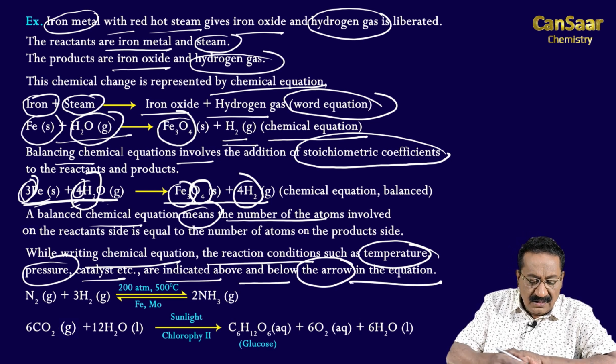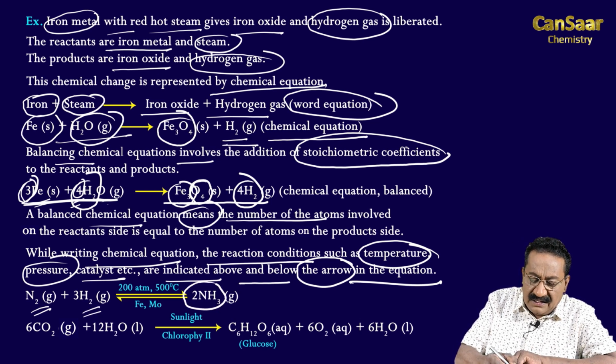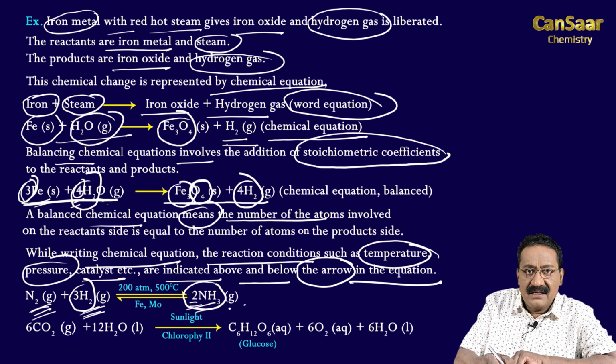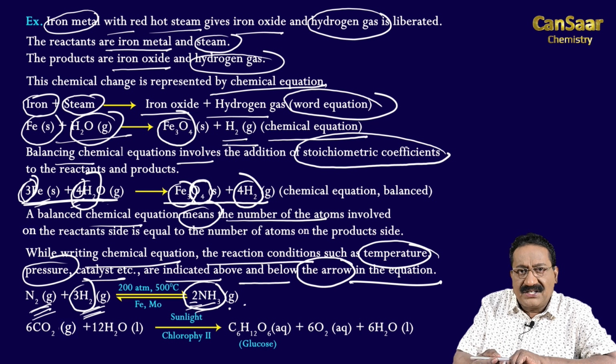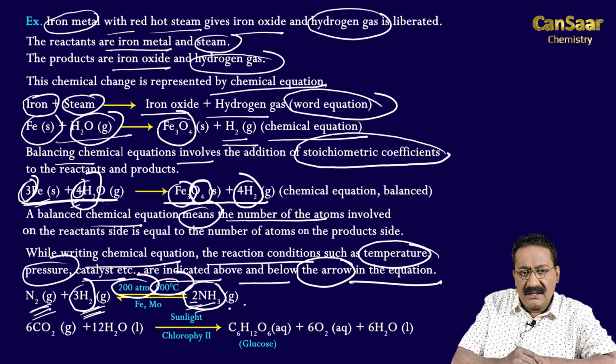For example, nitrogen gas combines with hydrogen gas forming NH3. Here N2, 2N. 2NH3, 6 H's, 3H2, 6 H's, balanced. And nitrogen is a gas, hydrogen is a gas, ammonia is a gas. And the experimental conditions for the reaction: 200 atmosphere pressure, 500 degrees centigrade temperature.